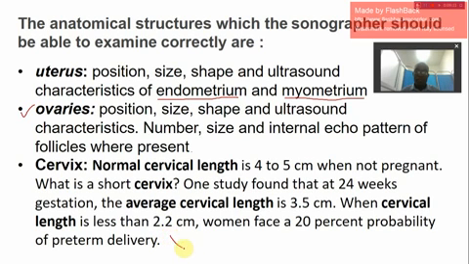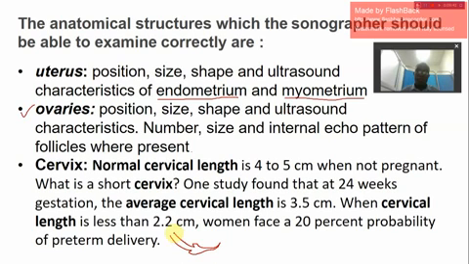So this is the cervix you are seeing. This is the cervix of a pregnant woman. You can see the fornices of the vagina. So that's the cervix.